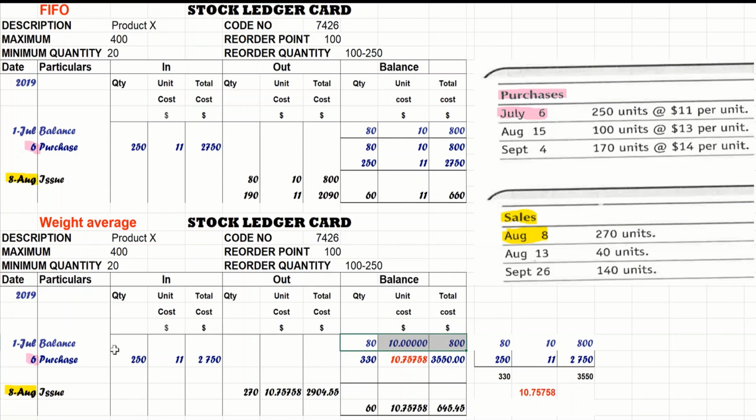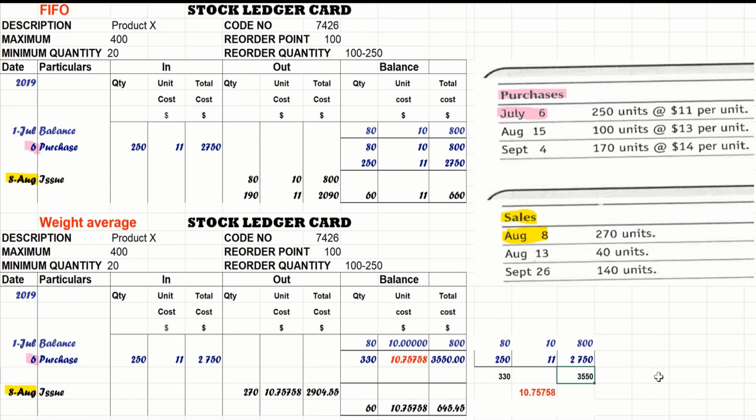I copy the new stock that I bought, and now I say 80 units plus 250 gives me 330 units. I work out the value, 80 times 10 gives me 800. 250 times 11 gives me 2,750, and I add these two together to get $3,550.